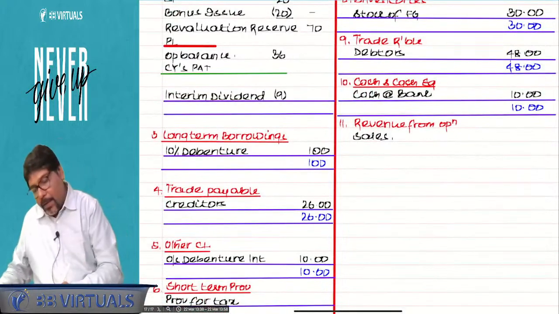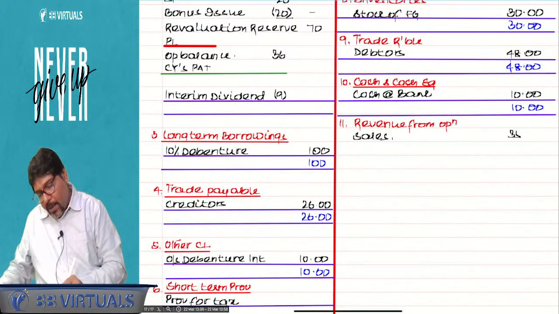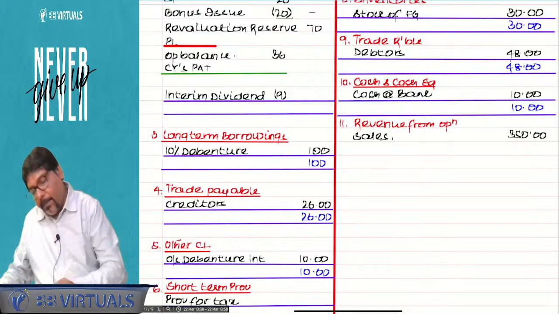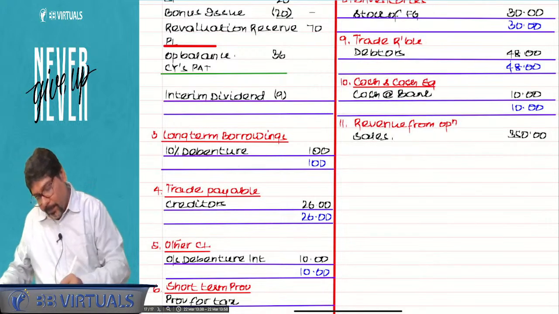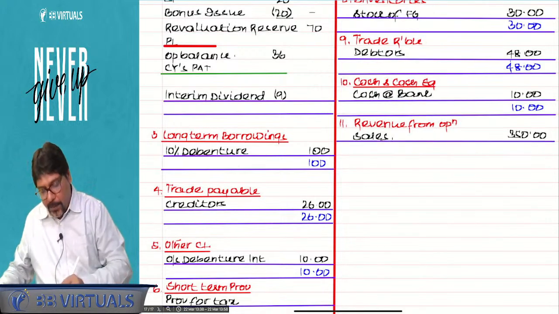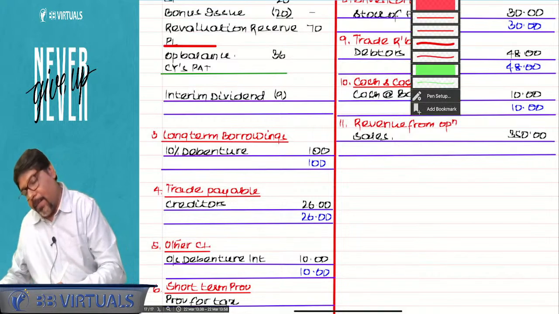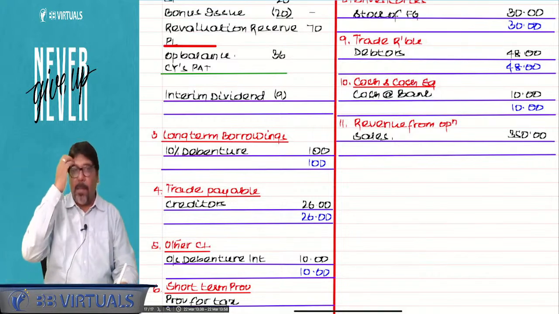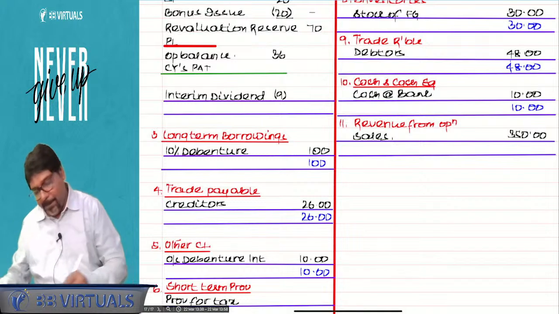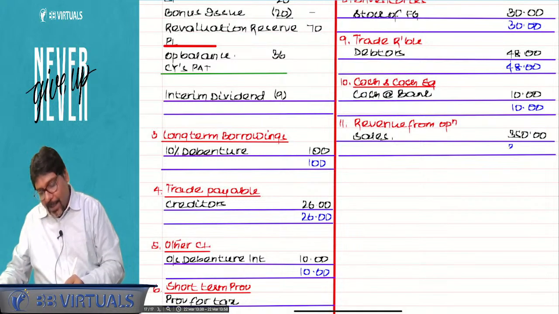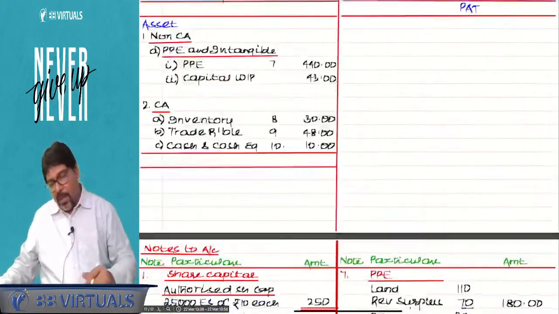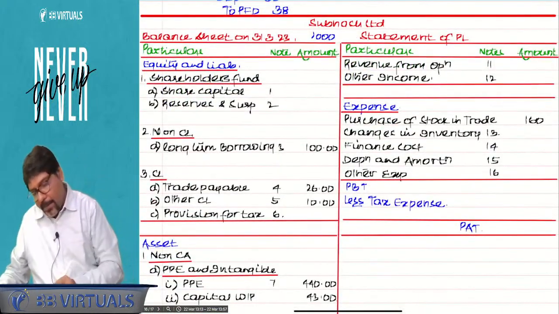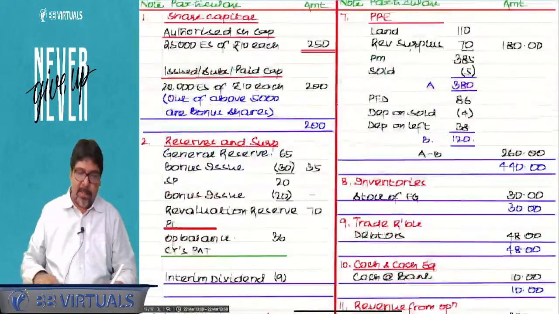Now, sales 350. Must presentation. Examiner should give us 1 mark extra because of our presentation. Sorry, if I don't talk, then also problem. If I talk, then also problem. Sales is how much? 350.